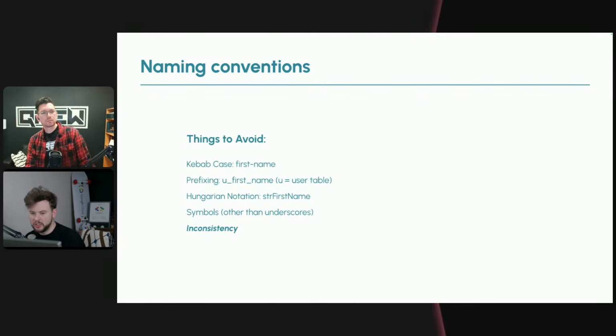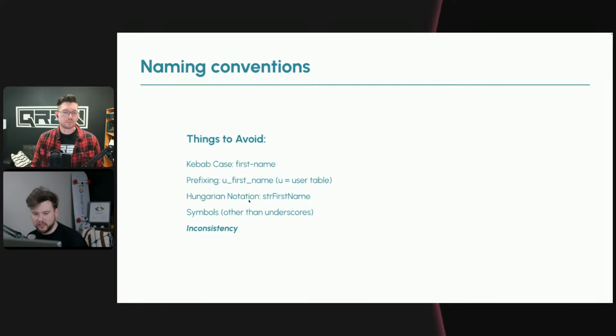And so it just becomes an additional thing you have to think about. That is not something that needs to slow you down. That first name is already in context of the user table. And so prefixing it with the U is not necessary.